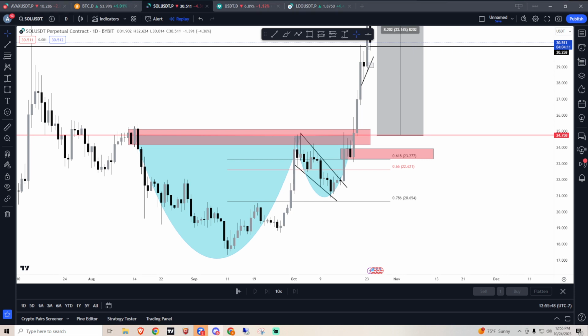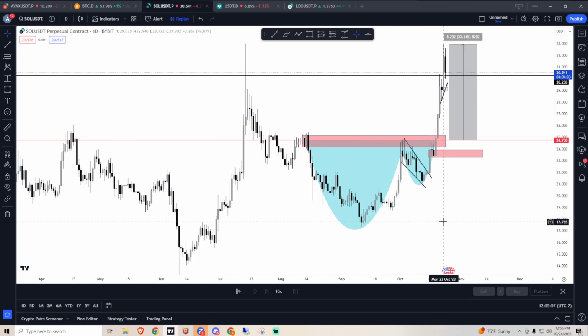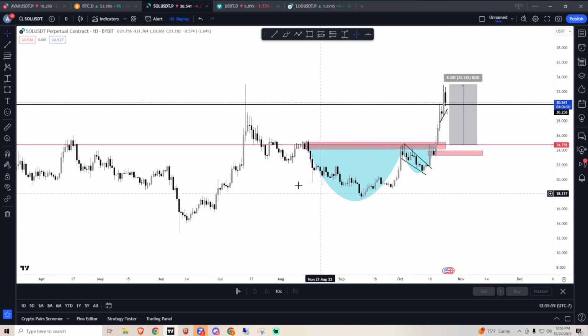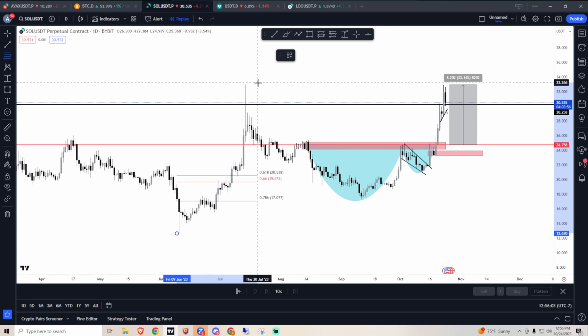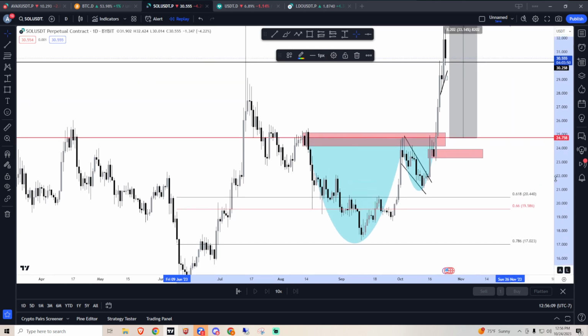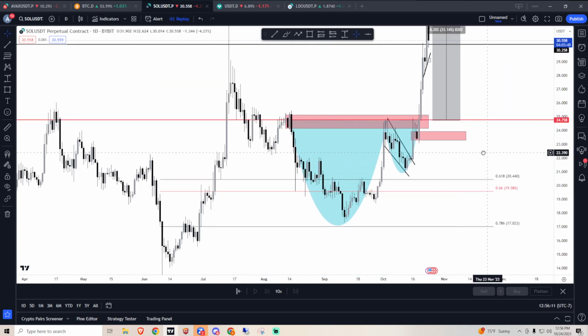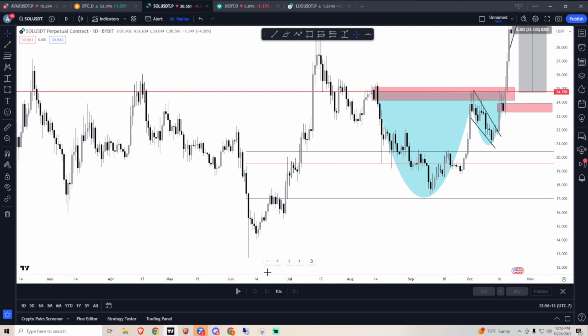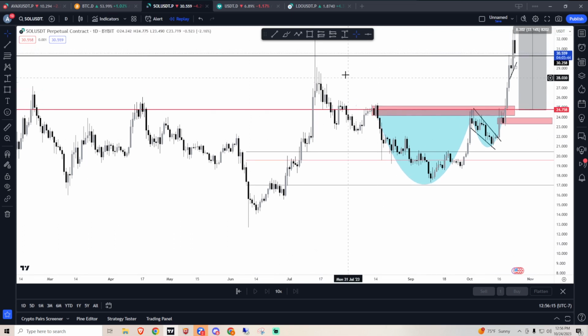Can you share a full screen? I took it from that low to that high.